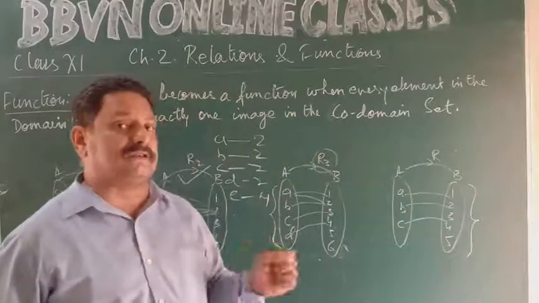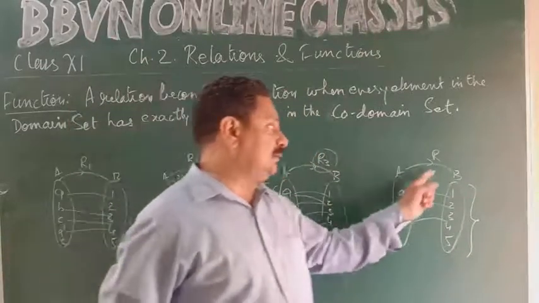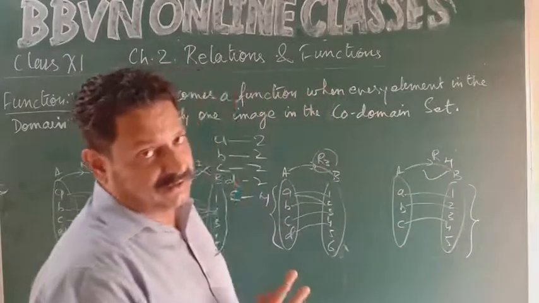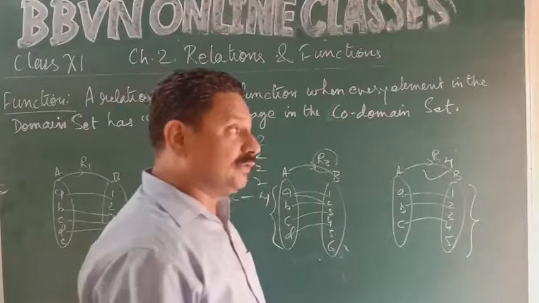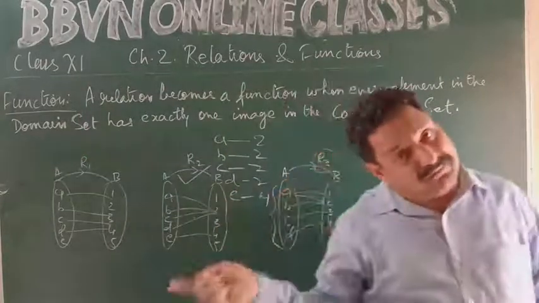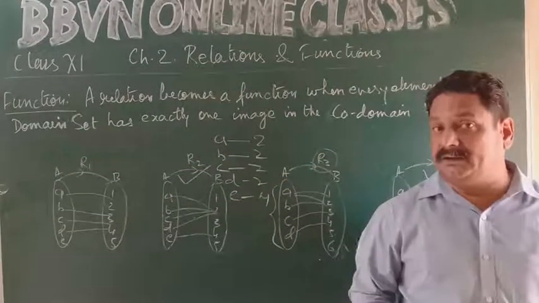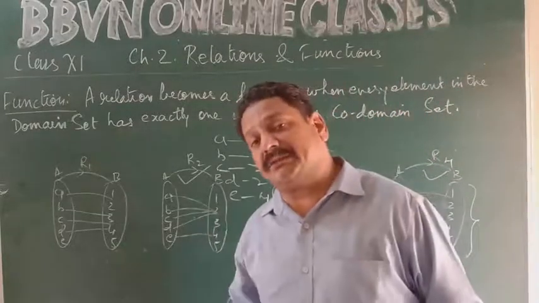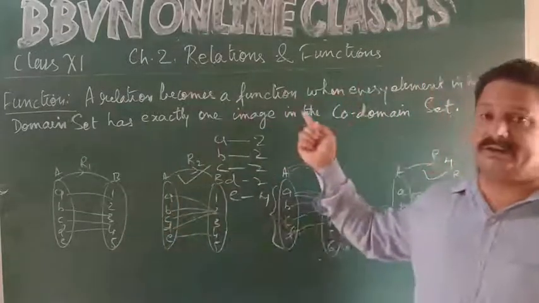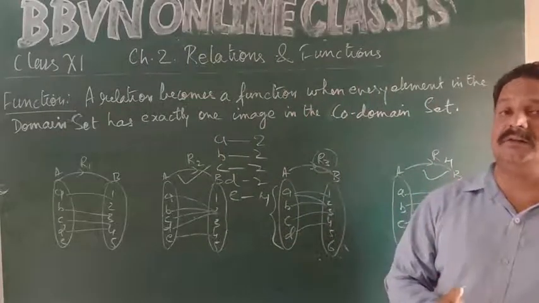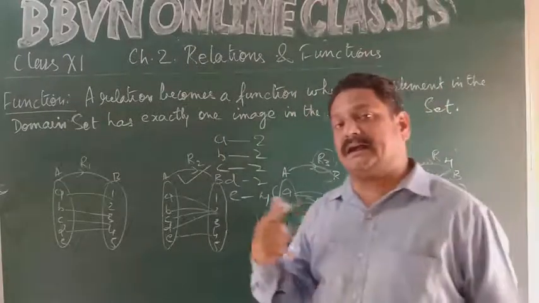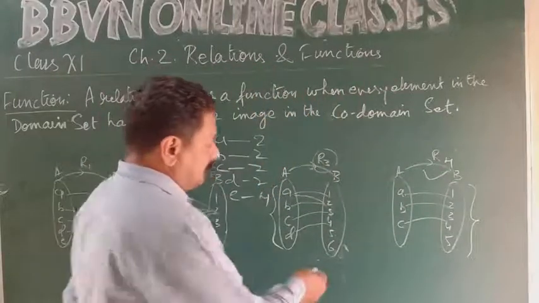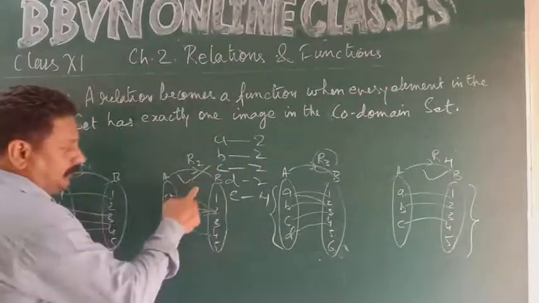Only then the relation becomes a function. So here R4 is a function. This relation R4 is a function. So we can say every function is a relation, but every relation is not a function. Which relations become functions? The relations in which every element in the domain set has exactly one image in the codomain set.